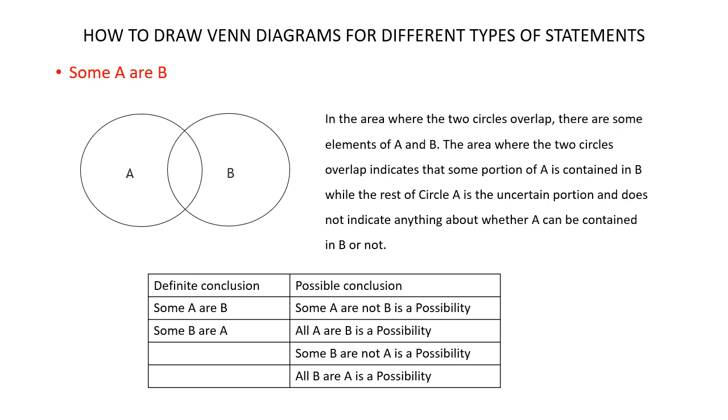Now as you can see in this Venn diagram, this is the area where both the circles overlap partially, and in this area you will find that there are elements of both A and B.